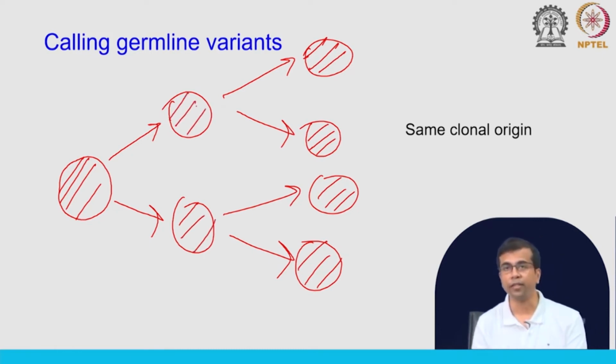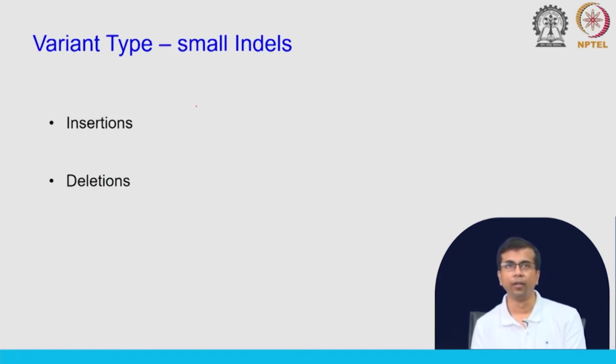So, you can now imagine, at the zygote, the single cell stage, this variant is present, and as the development process is going on, the cells are generated, right. So, you are getting this cell division. So, all the cells originating from this one will have these mutations, okay. So, that is why these are called germline variants. So, these will again be passed on to the next generation.